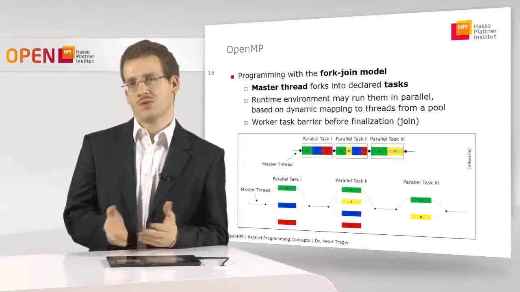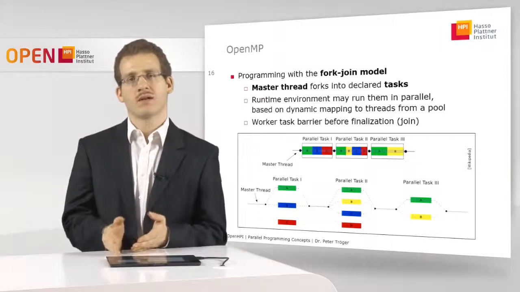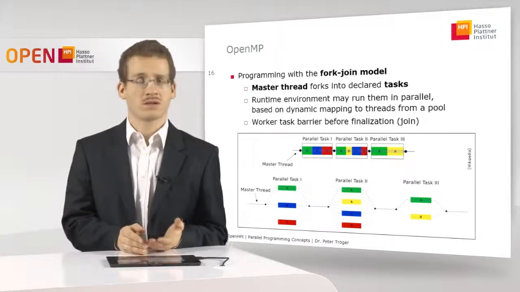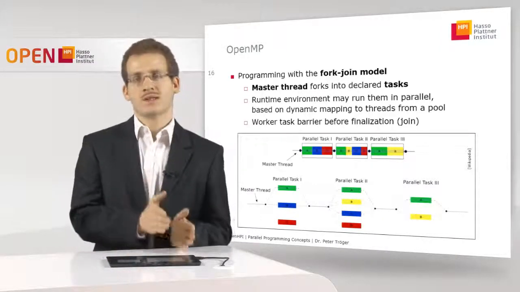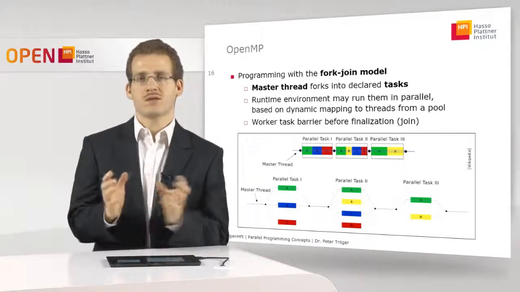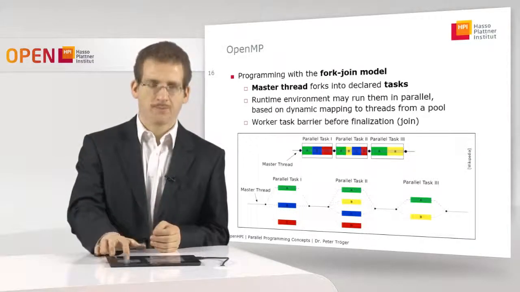You may want to do that several times, so maybe you have an intermix of parallel and non-parallel sections in your code. We talked about that when we covered Amdahl's law in the first week. So here we see that this model of forking into parallel concurrent activities and joining again is explicitly supported in the programming paradigm of OpenMP.